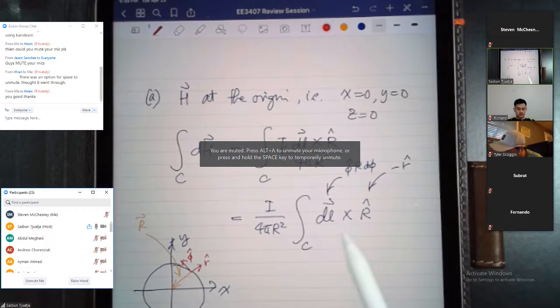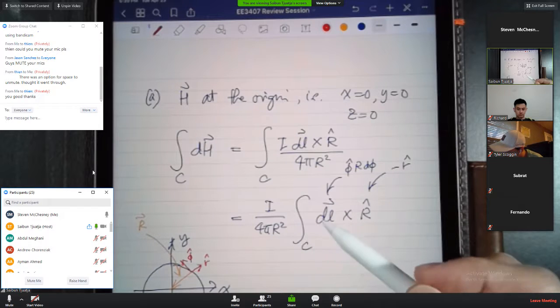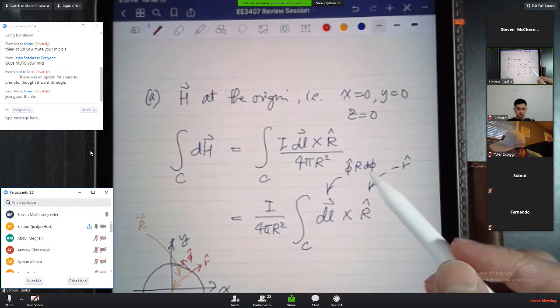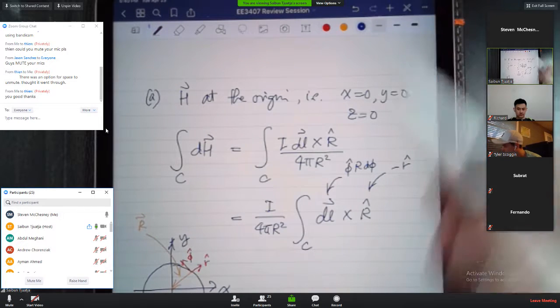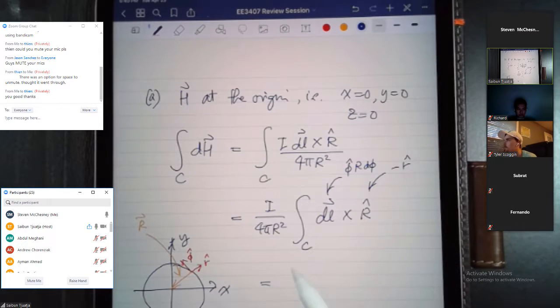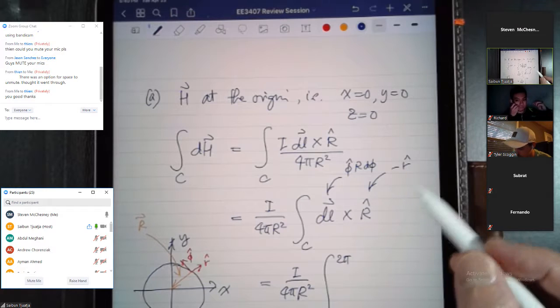So if I put it down here now, if you look at the integration, the path over C, you integrate actually over phi, right? d phi. So what we have here now is I over 4 pi r squared. The integral over phi becomes from 0 to 2 pi for the whole thing, and I have phi hat cross with minus r.